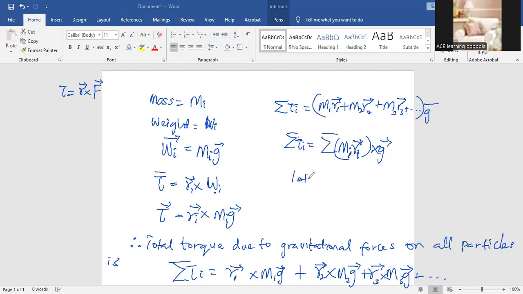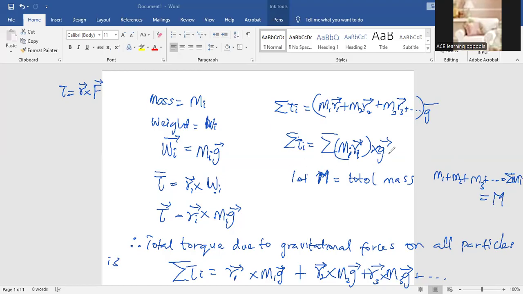Let capital M represent the total mass. So it means that all this m1 plus m2 plus m3 and so on, which is equal to summation mi, should be equal to capital M. We want to use that.